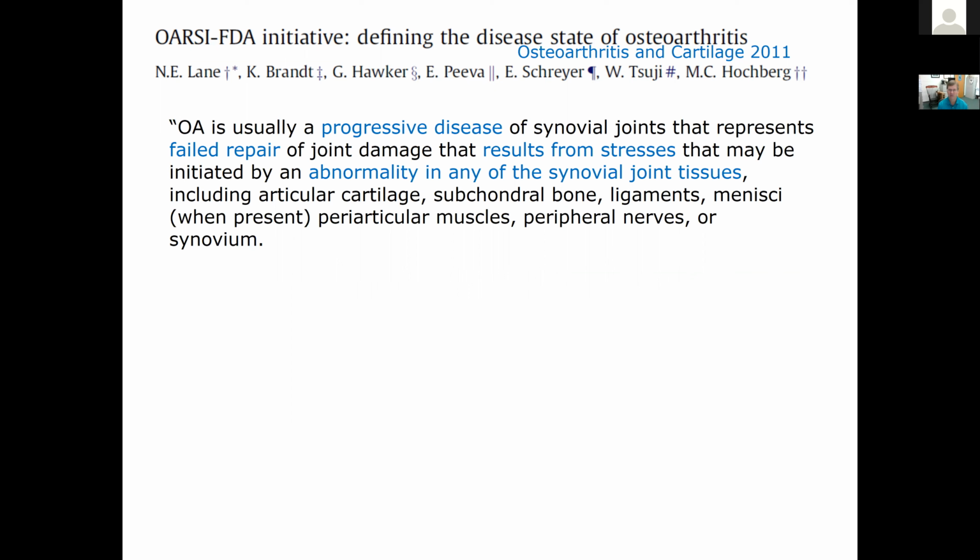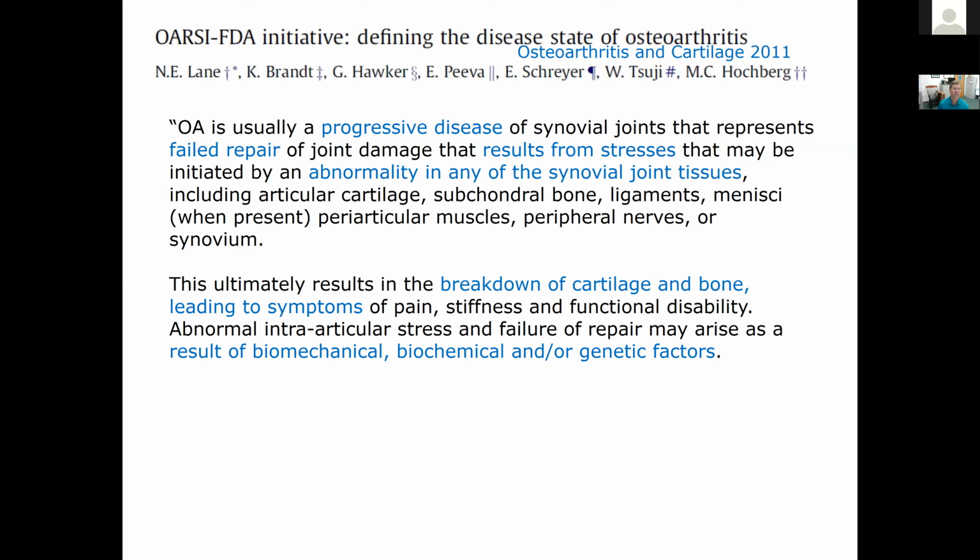And this results from stresses, the biomechanical stresses that I just mentioned, and an abnormality of any of the joint tissues, cartilage, bone, ligaments, meniscus, and so on, as I was just showing in the previous slide. And ultimately, this results in breakdown of cartilage and bone, leading to the symptoms, pain, stiffness, disability, and abnormal intra-articular stress, and the failure to repair seems to be a result of all these factors: biomechanical, biochemical, and genetic.